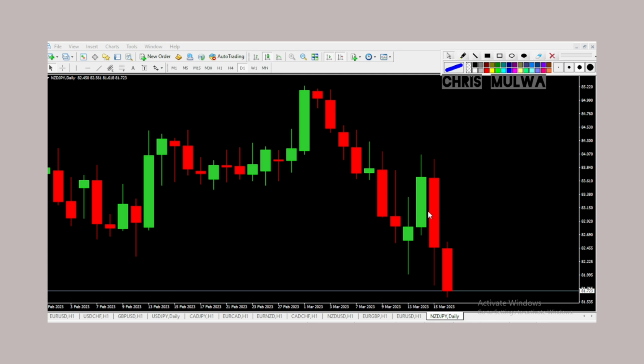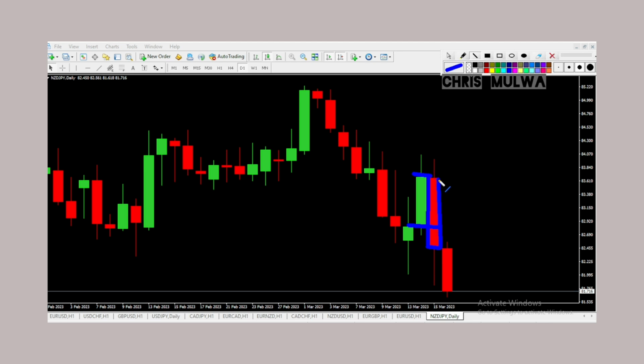So one candlestick equals a day. For instance, if we come here, the market opened at this point, then closed here. The body of the candle is what shows the movement that the market has made in that day. So we check the body of the candle.